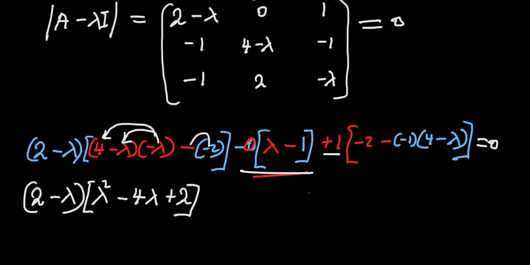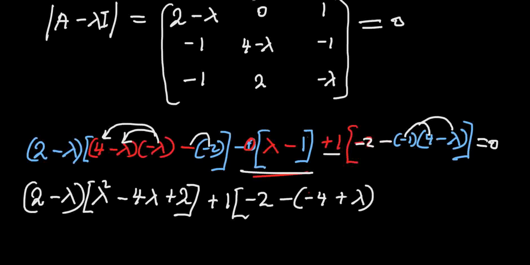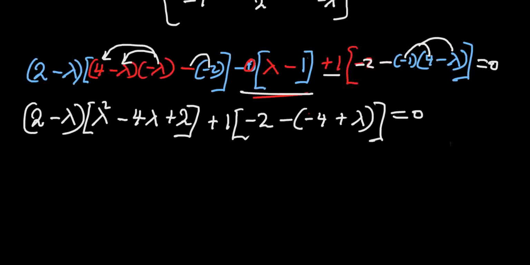And this positive 1, just bring it here, positive 1, and then bracket, and then negative 2, bring it here, negative 2, and then this negative sign here, you bring it here, and negative 1 times 4 will give us negative 4, and negative 1 times negative lambda will give us positive lambda, and this will be equal to 0. I hope this is clear.